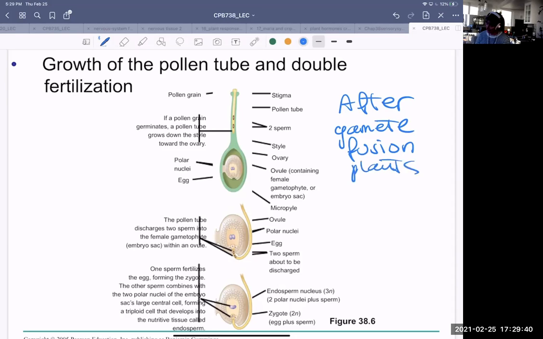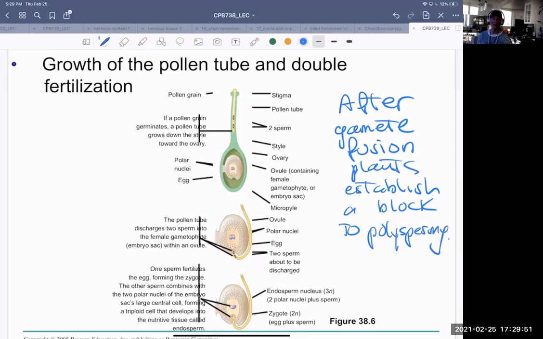Plants establish a block to polyspermy, or more than one sperm getting to the egg.